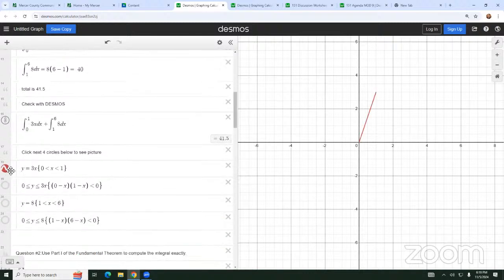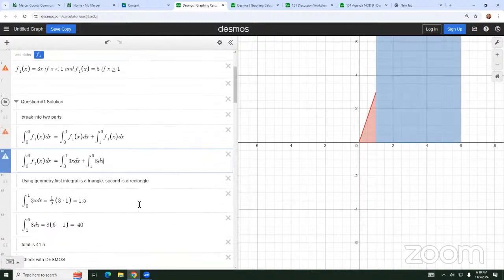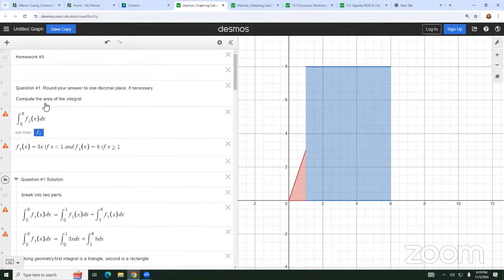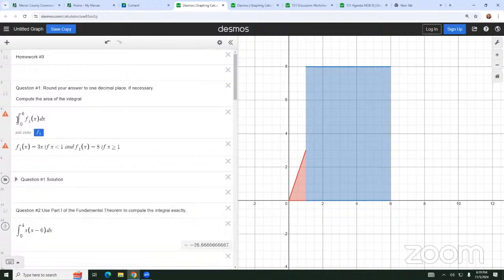Let me just turn it on here. Okay, so what they're saying in this function is, I want the area between 0 and 6 of this function f1.